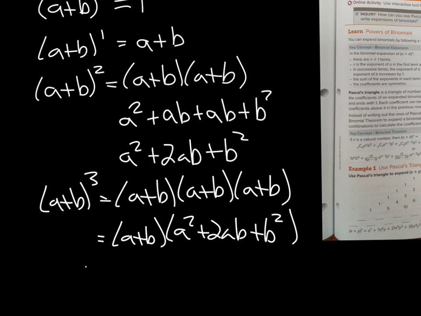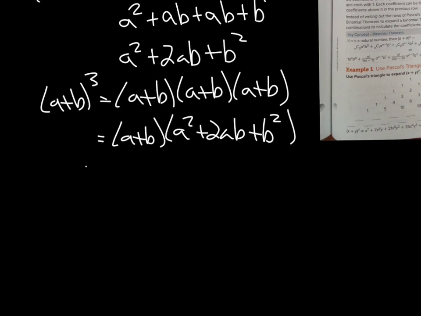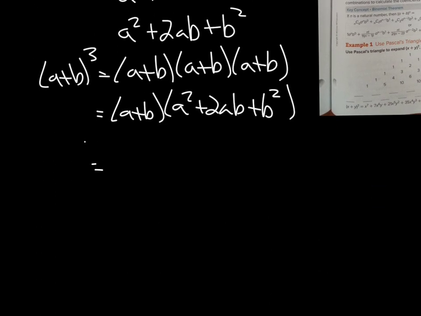Okay, so now I'm going to multiply this. So then a cubed to the next term, 2a squared b to the third term, ab squared. And now I'm moving on to the b.